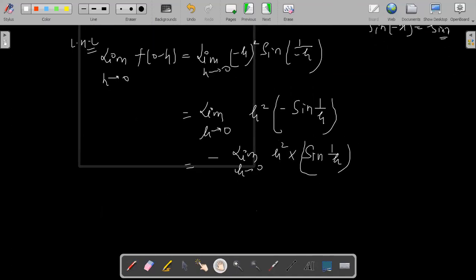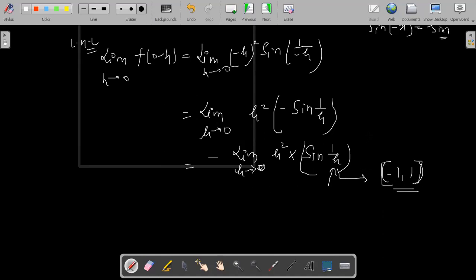By substituting h equals 0 in sine 1 upon h, sine 1 upon 0 will give a value between minus 1 and 1, because sine x has a range from minus 1 to 1.